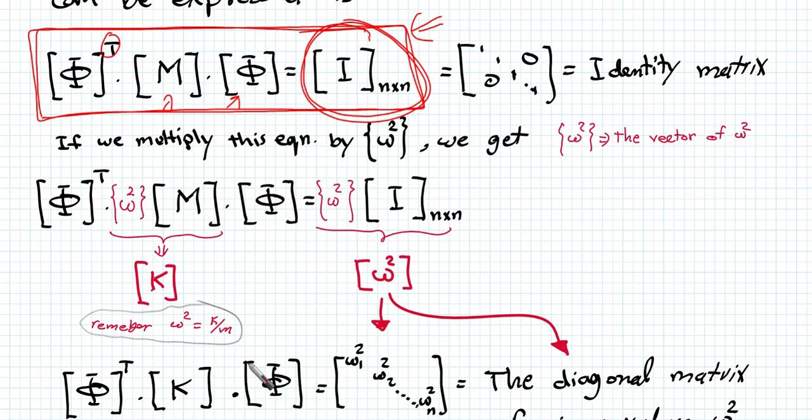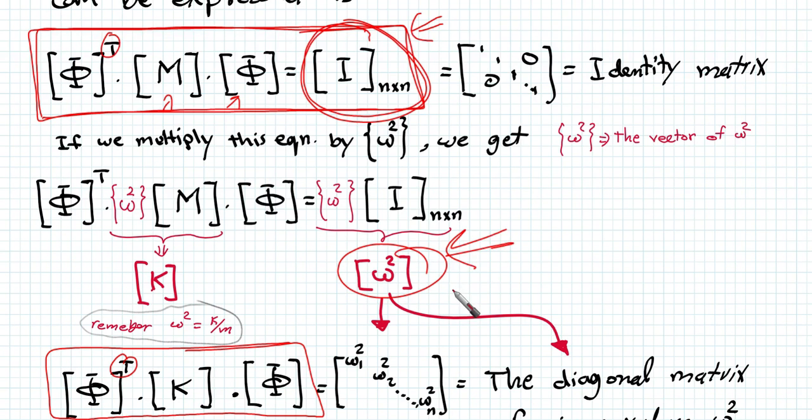And if we find the modal matrix transpose times the stiffness matrix times the modal matrix again, then we're going to have the eigenvalues matrix squared, which is the squared eigenvalues on the diagonal, and everything off the diagonal is going to be 0.